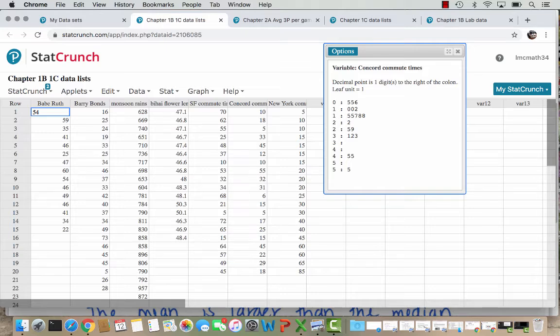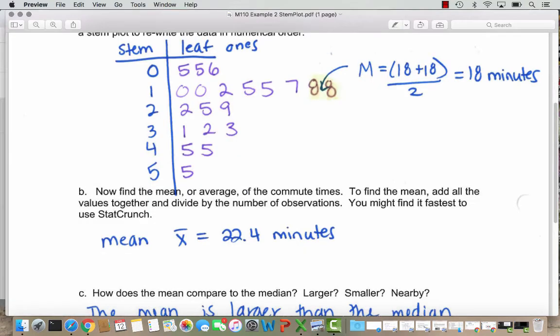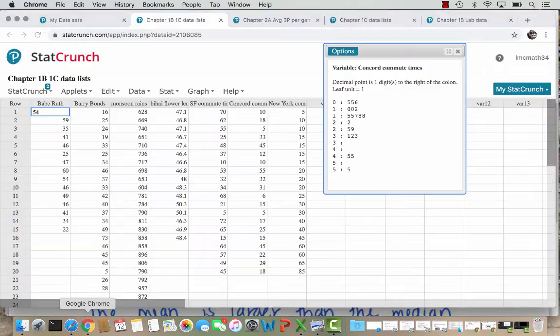For example, our commute times in the tens place went from 10 to 17. StatCrunch has taken the lower values and put them in the first row of the ones here. So this would be any values from 10 to 14. And then the higher values from 15 to 18 have been put in the second row.